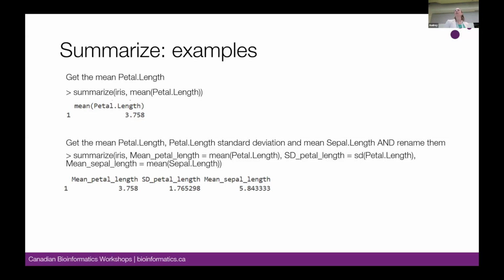And then we can also not only rename the different columns that we want to create, but also create multiple ones. So again, in this example, nothing is grouped. We use the full iris dataset, but we want to get the mean petal length that we rename mean_petal_length. We can get the standard deviation with the SD function and then the mean of another argument.